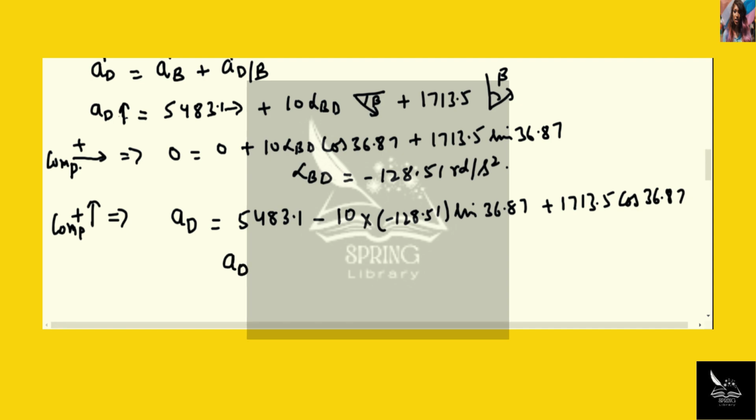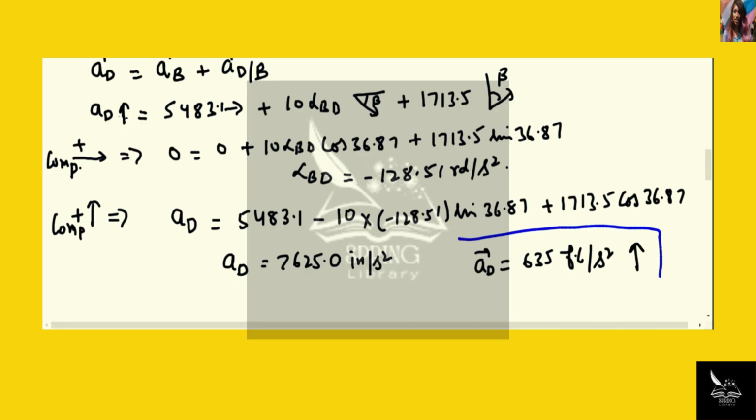So the acceleration of D will be 7625.0 inch per second square, or it would be written as 635 feet per second square in the upward direction. So this is the answer in case theta is 180 degrees. That's all for this problem.